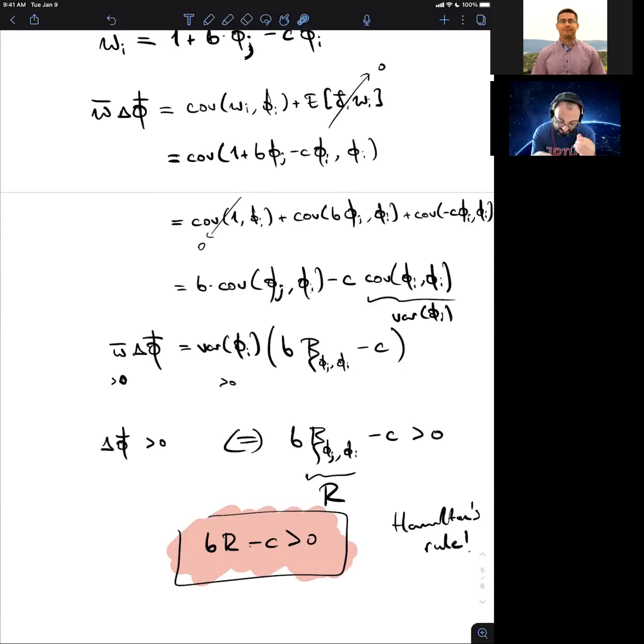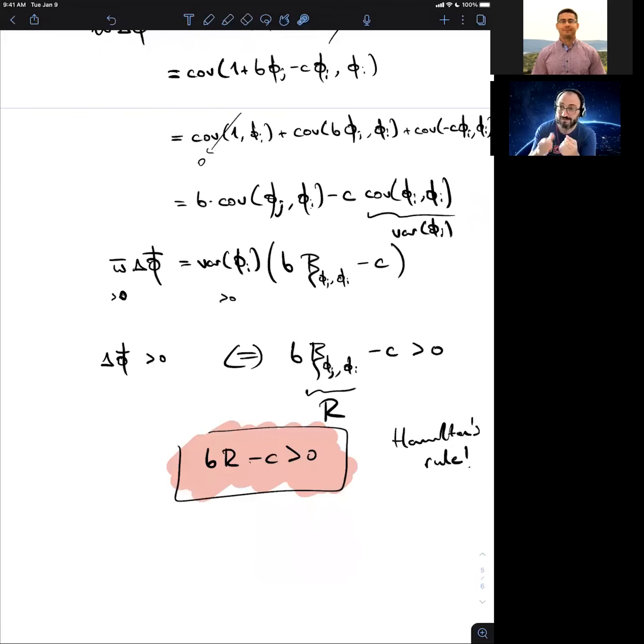So Hamilton's rule is actually an expression of the fact that if Hamilton's rule holds, if B times R minus C is greater than 0, that means that cooperators or altruists have higher fitness on average than non-altruists. Why do they have higher fitness?